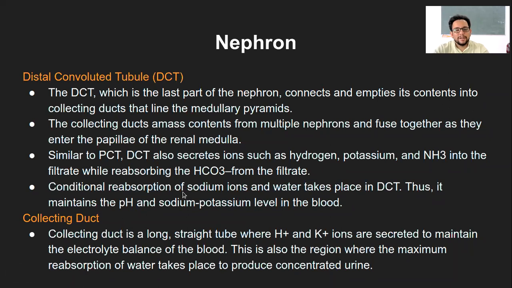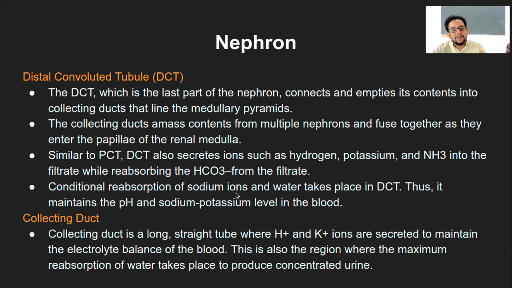Conditional reabsorption, that is, as and when required, reabsorption of sodium ions and water takes place in the DCT. Otherwise, whatever reabsorption had to happen has already happened in the first few parts, the first being the PCT, the proximal convoluted tubule, and the second being the ascending limb of the loop of Henle. That's where the reabsorption of electrolytes would have happened.